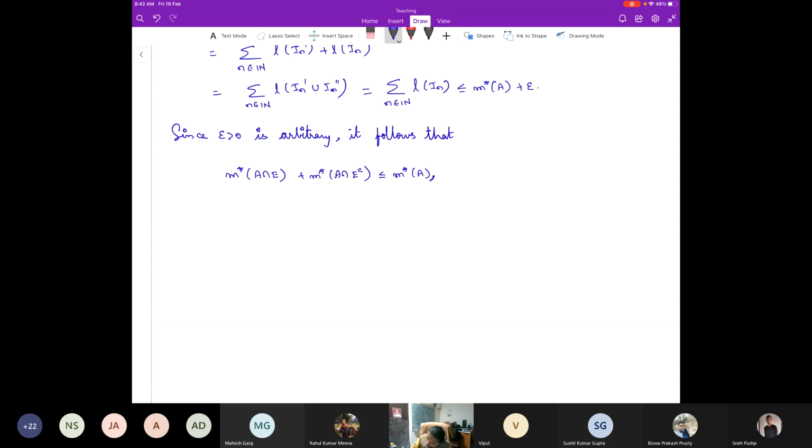That is, E, which is the open interval (a, infinity), is Lebesgue measurable.